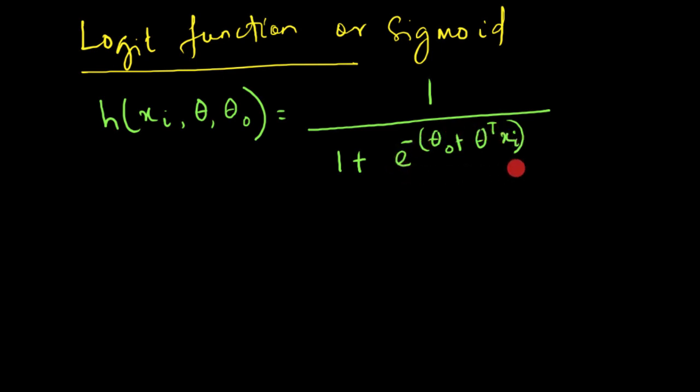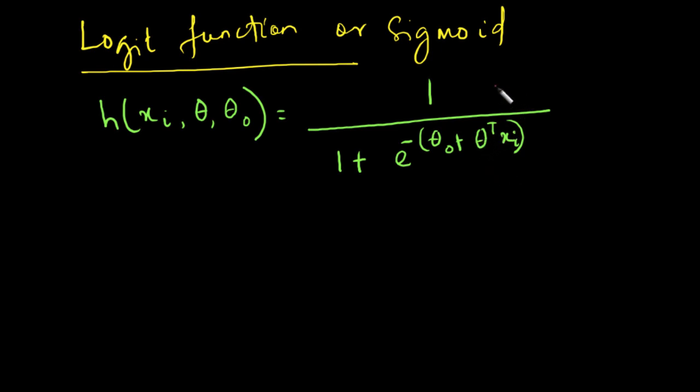And if this quantity is less than 1, then this ratio will be more than 0.5. And then if this quantity is negative, then negative into negative will be positive, so then this exponential will be more than 1, in which case this ratio will become less than 0.5.